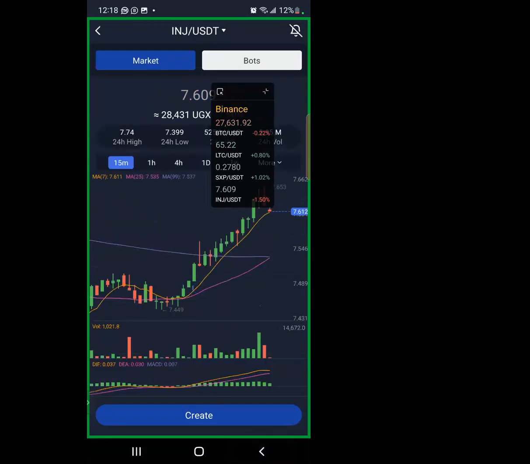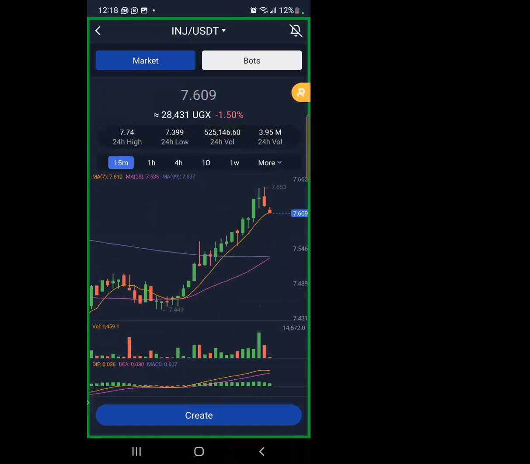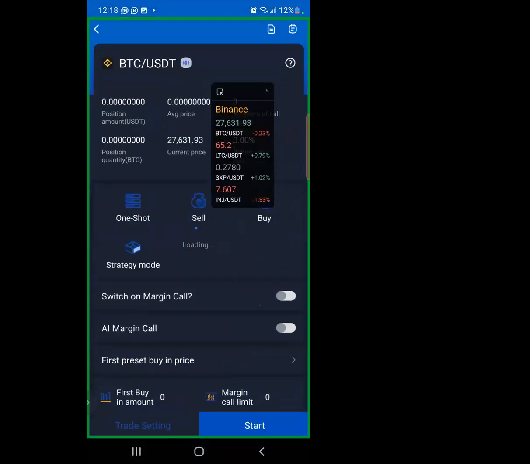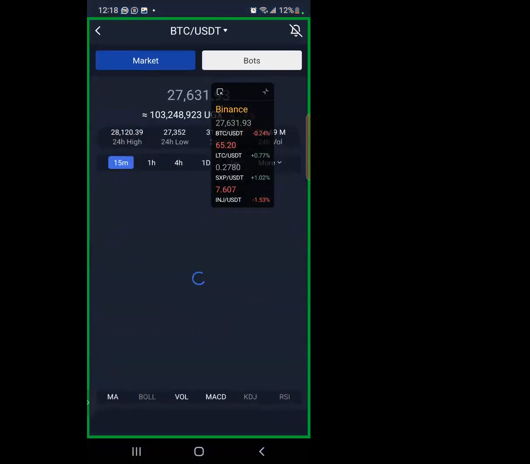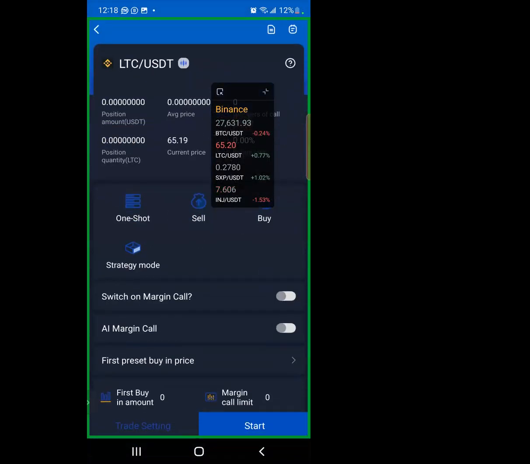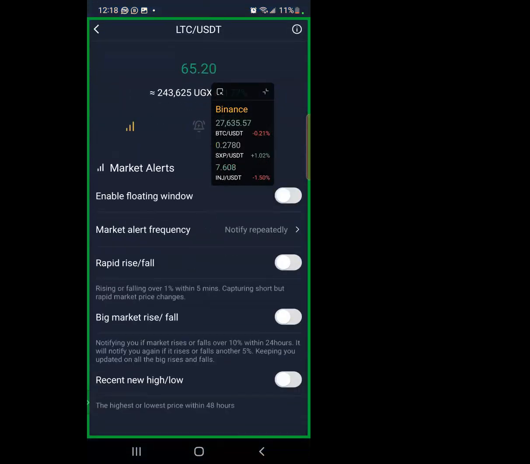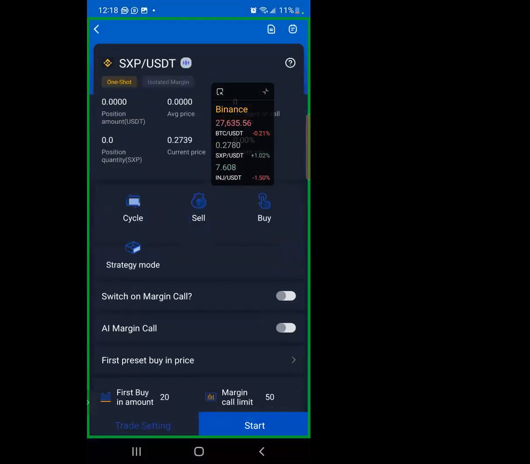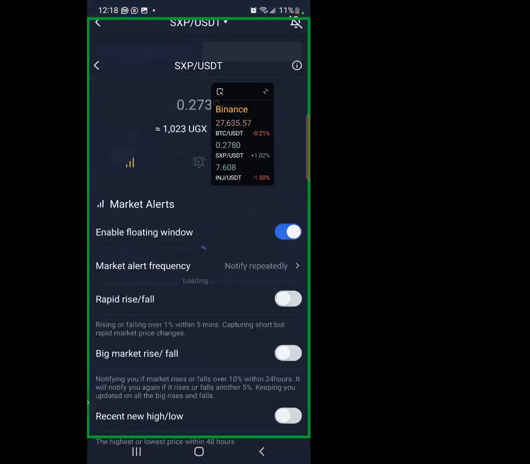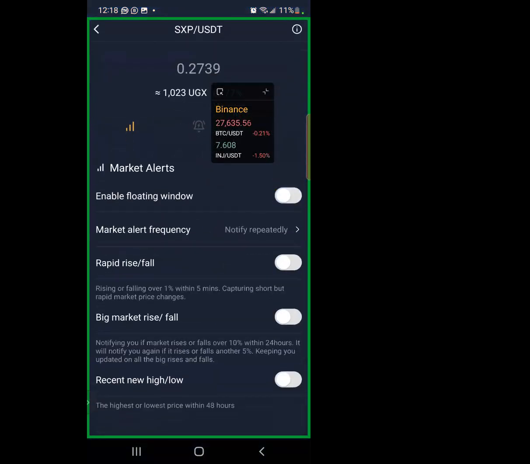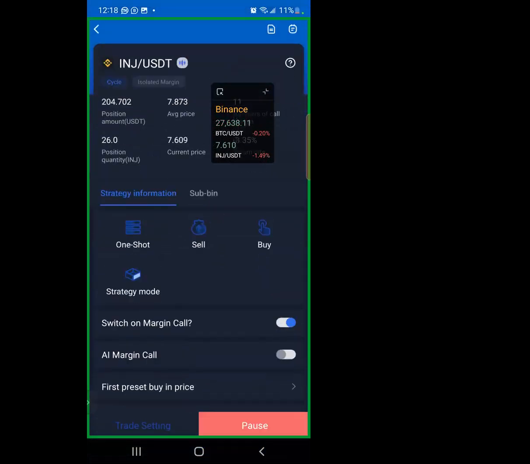Let me remove some of these trades on my floating window. BTC, I don't want to remove it. Let me remove LTC. I switch it off. Let me remove SXP. I switch it off. Now I'm remaining with ING and BTC.